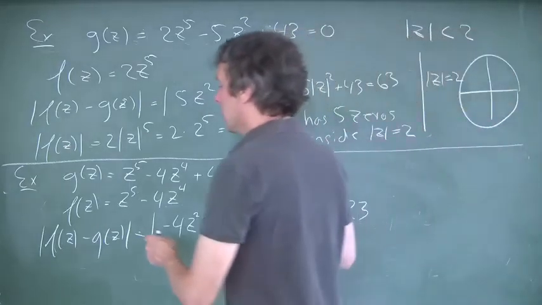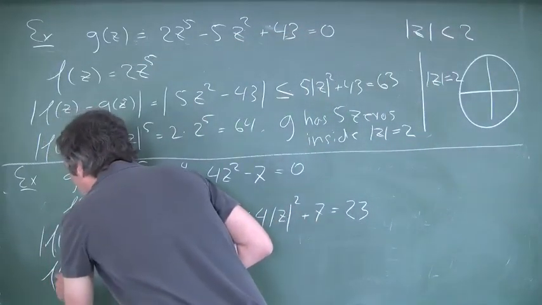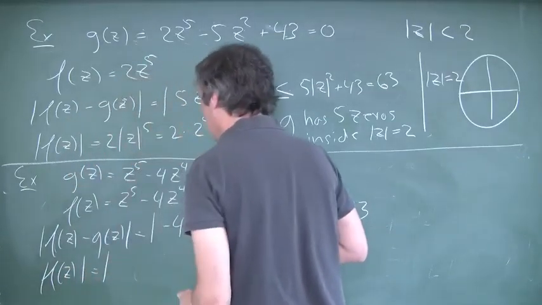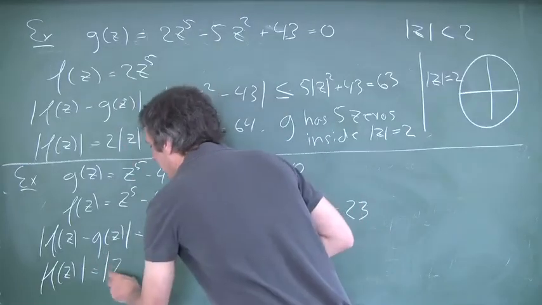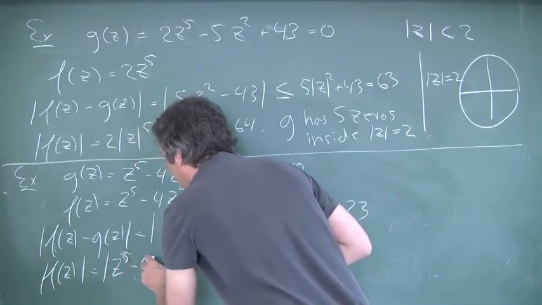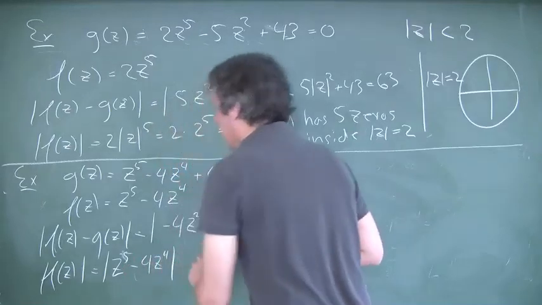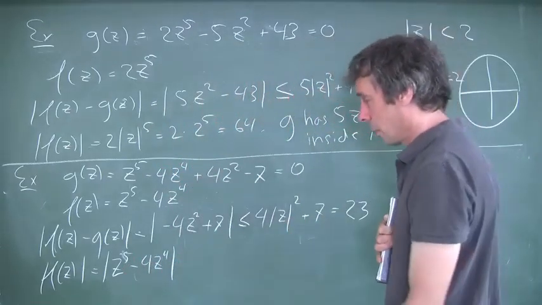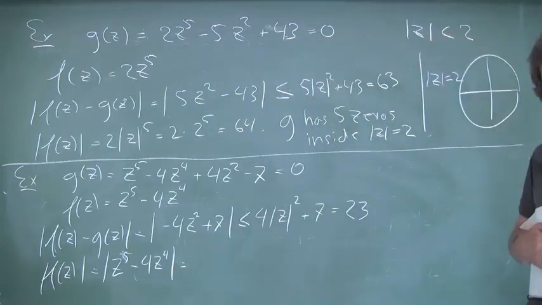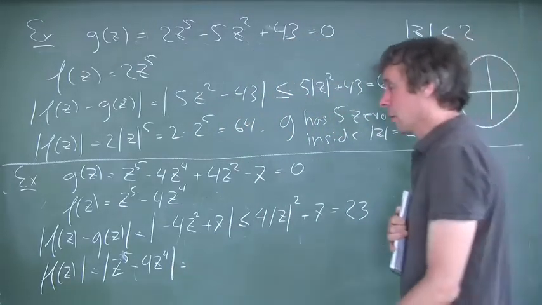On the other hand, if we consider just the absolute value of f itself, then this is equal to the absolute value of z to the 5th minus 4 times z to the 4th. And here we should now apply the inverse triangle inequality.